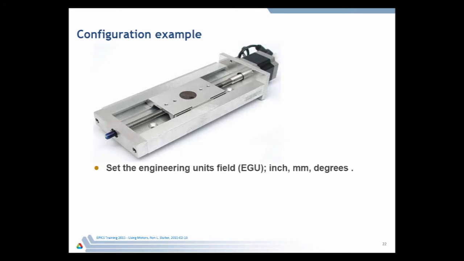So this is an example of how to set up your motor resolution field. The first thing you have to decide if you're commissioning a new stage is to ask the user what units he wants the system to be in.